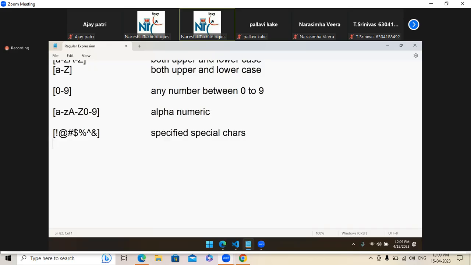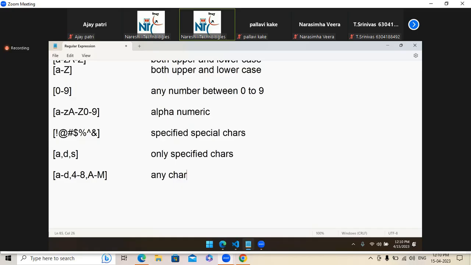Now, for example, when you are writing the pattern, say, A, D, S, that means only specified characters. Suppose I write A-D and 4-8 and something and some M. What does this mean?